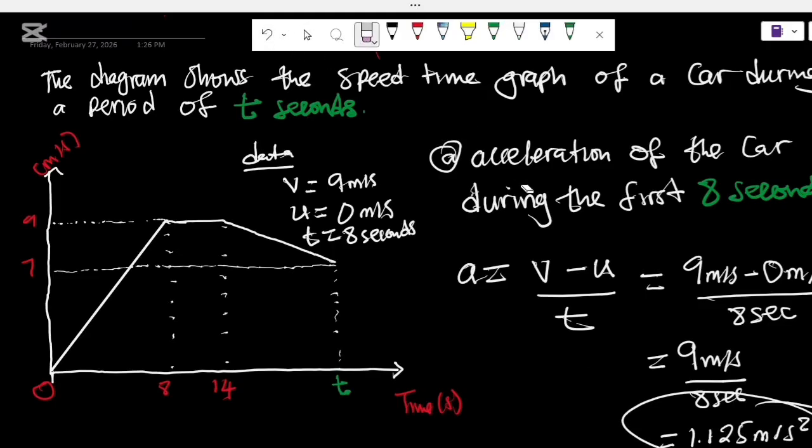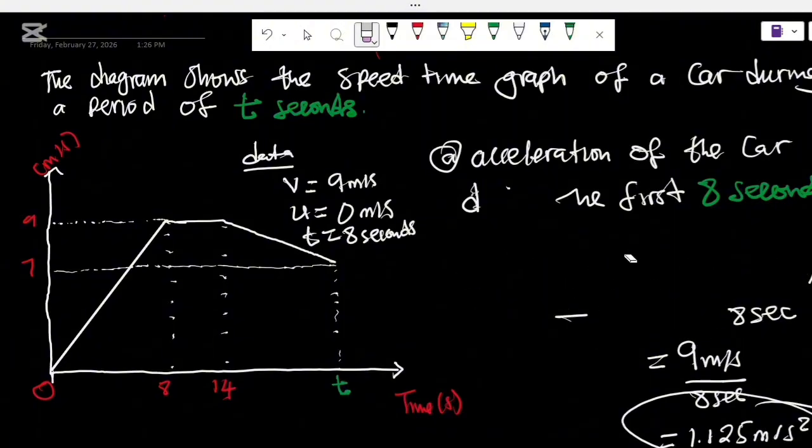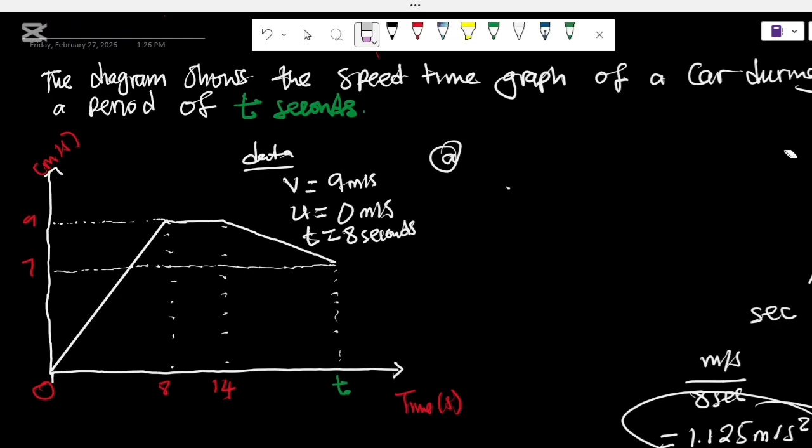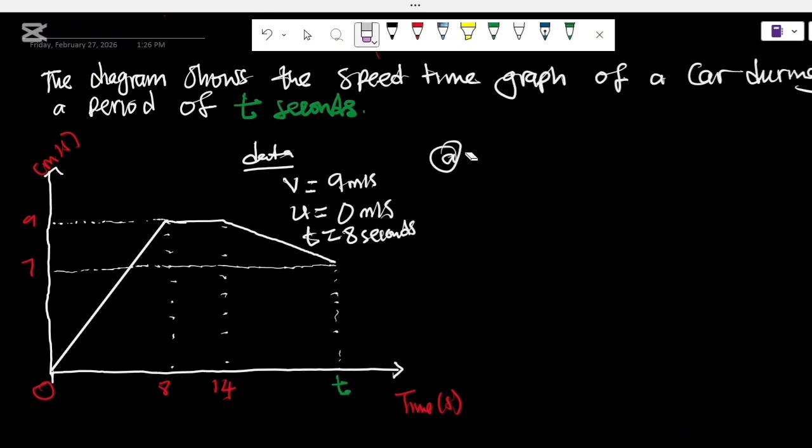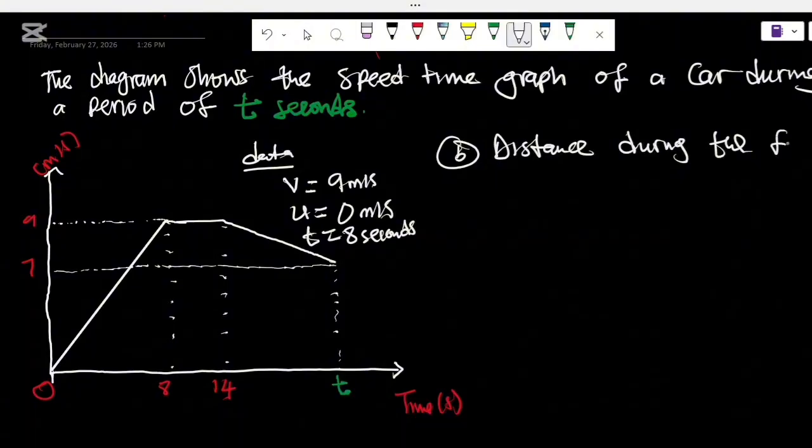Now, the next question is, how can you find the distance covered during the first 14 seconds? So this is B, the distance during the first 14 seconds.